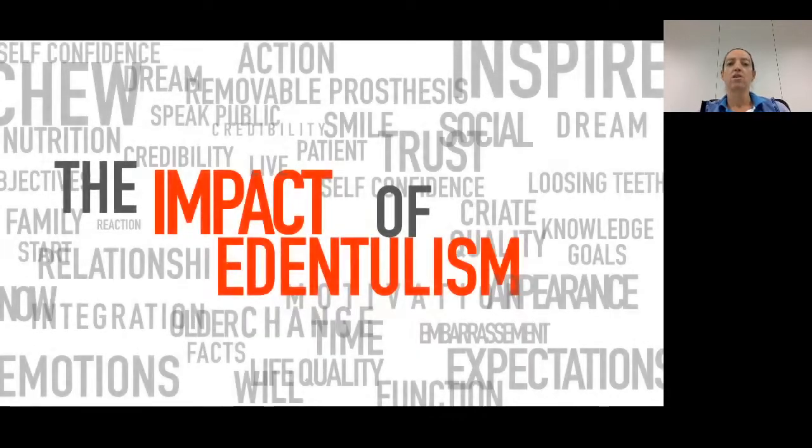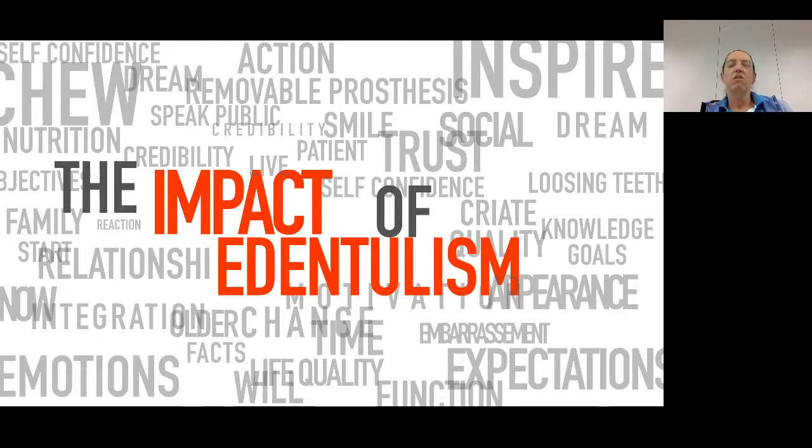When patients start to lose one tooth, that is a very early sign of aging, and nobody wants to get old. Starting to use removable dentures, people are afraid to go out. They don't feel comfortable eating in restaurants because they're always afraid that the denture will fall out.